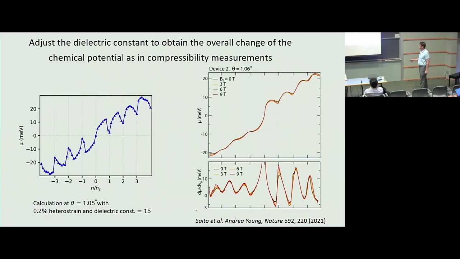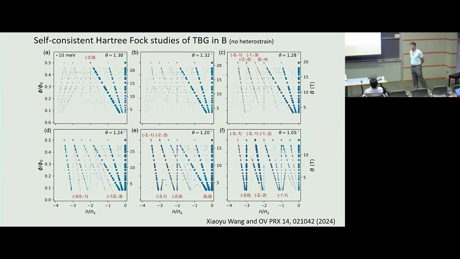And the difference between a fully empty and fully occupied band will depend on the strength of the Coulomb interaction. And so will these features in chemical potential versus density. So we adjust the dielectric constant by hand so that we can reproduce the overall scale that corresponds to the change of the chemical potential from fully empty to fully occupied band. So once we fix this, we then solve the problem in the external magnetic field in this basis using the self-consistent Hartree-Fock calculations.